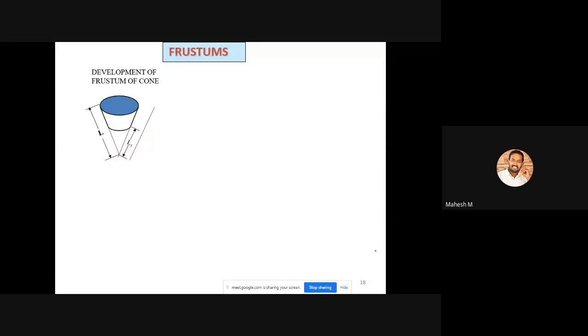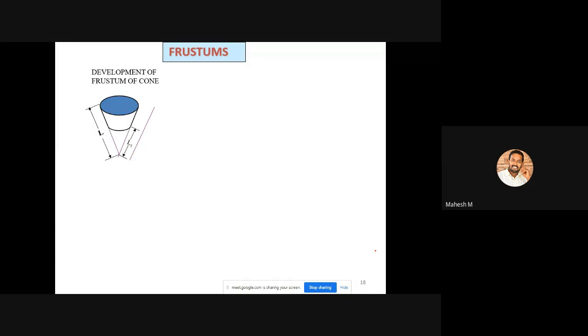If you create a section plane parallel to the base and remove the top part, then the remaining part will be called a frustum. There are two conditions: it should be a cone or a pyramid, and the section plane should be parallel to the base. After creating the cutting plane, you remove the top part, and the bottom part is called the frustum.